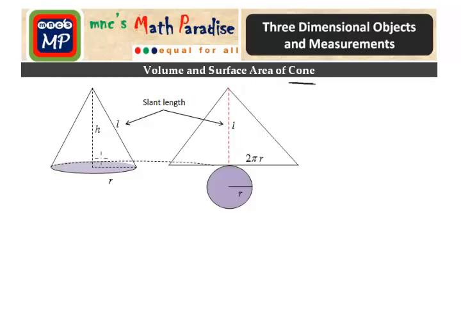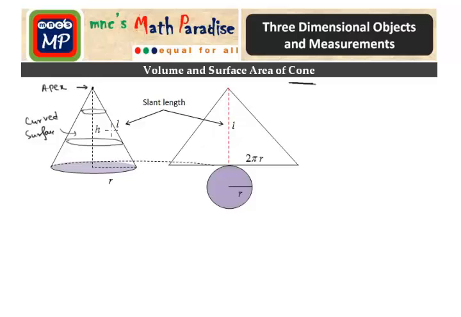Here we will learn how to find the volume and surface area of the 3D object cone. A cone has a circular base, and there is a peak point which is called the apex, and a curved surface around this circular base. Now if we consider the cone's cross sections at different places across the height, they are different.